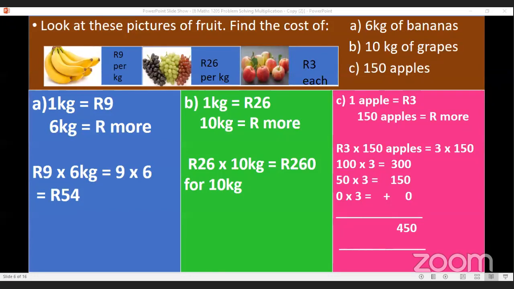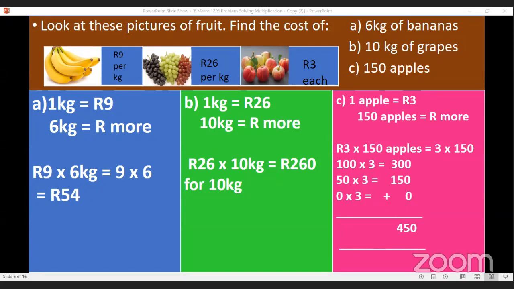We should say 3 rand times 150. Oh, so we must use times. Take us through how to get the answer then.